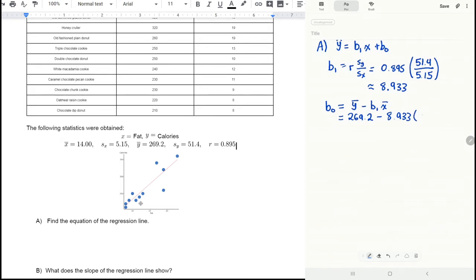And x bar is 14.00. And so the y-intercept is going to be 144.138. So the equation of the regression line is 8.933 times x plus 144.138.